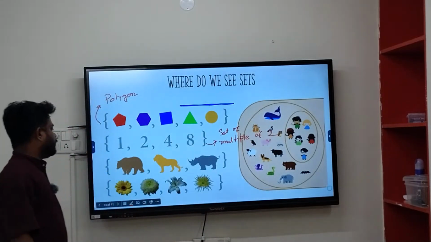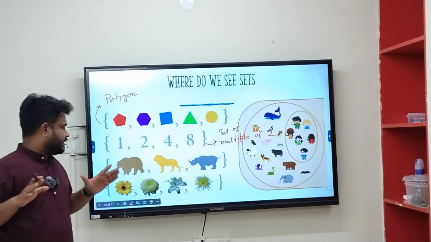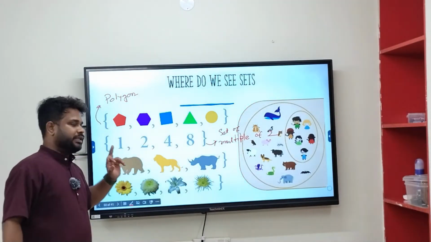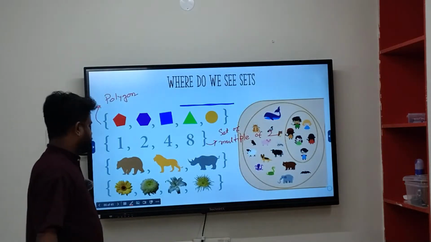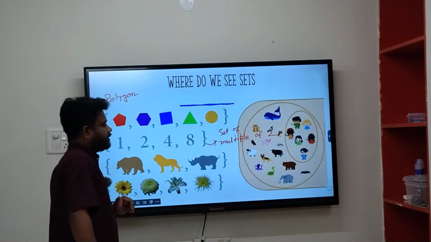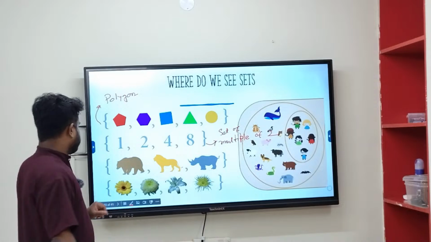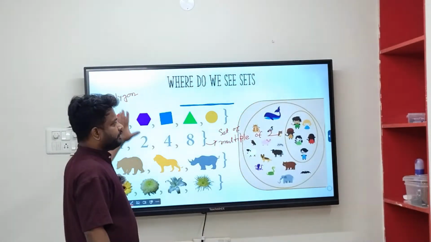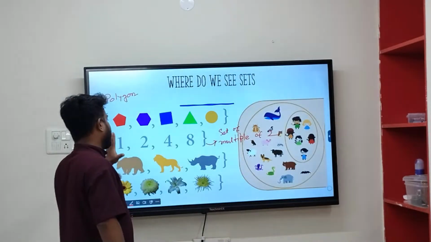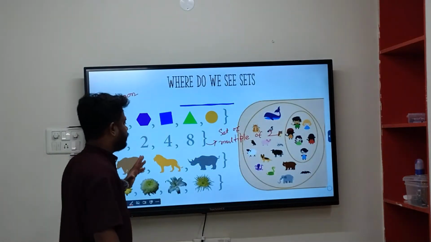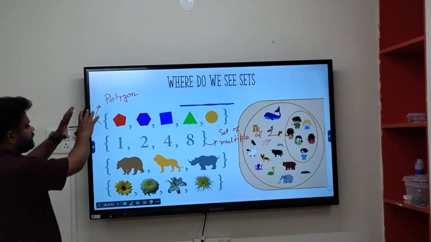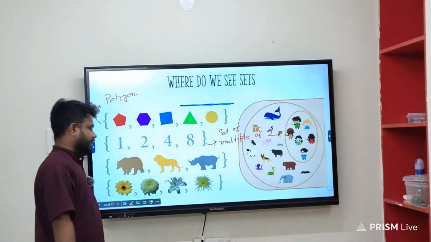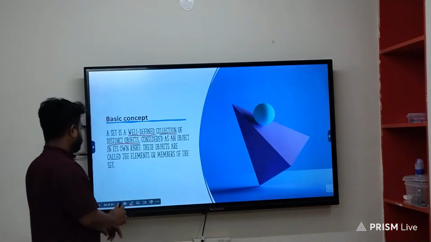The third one, you can easily distinguish that this is a bear, this is a lion, and this is a rhino. So this is a set of wild animals. Okay, and the fourth one is a set of flowers. So every set is a collection of well defined objects, and everyone is distinct from another. So all these kinds of things we can call a set.